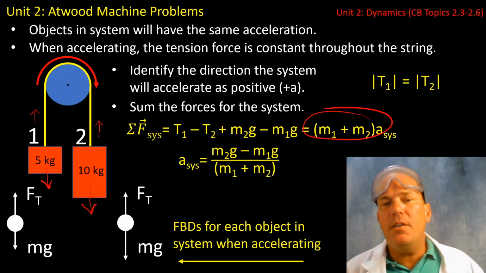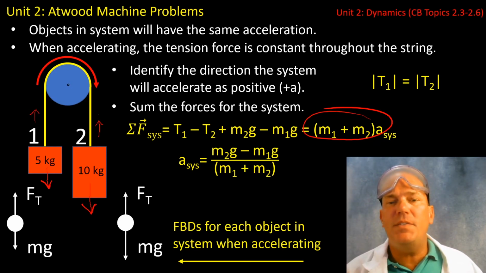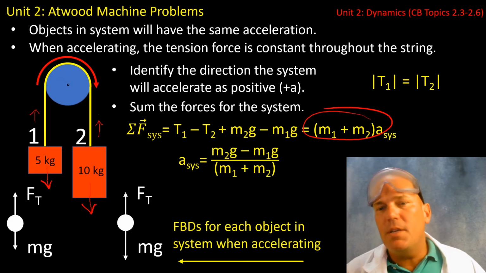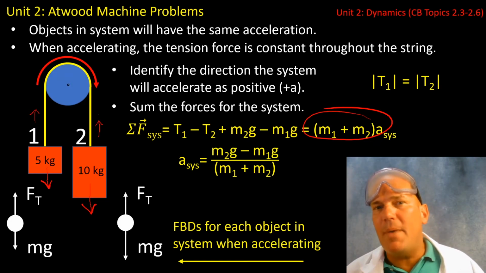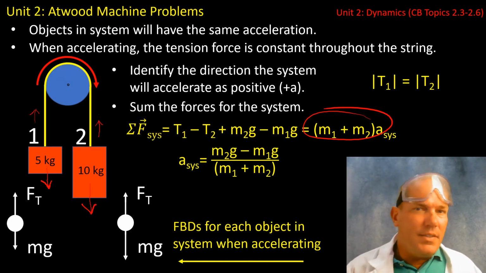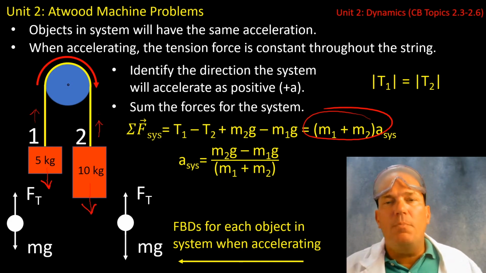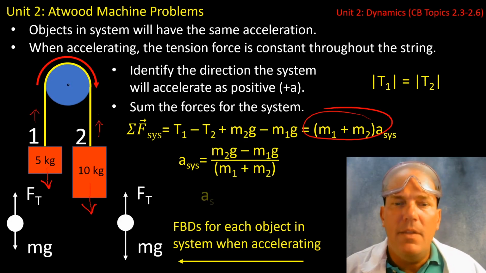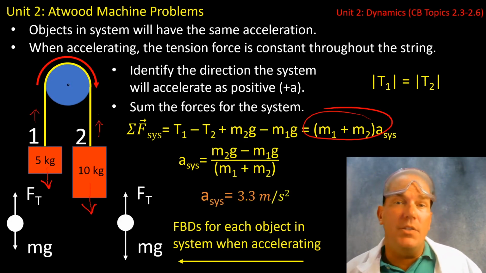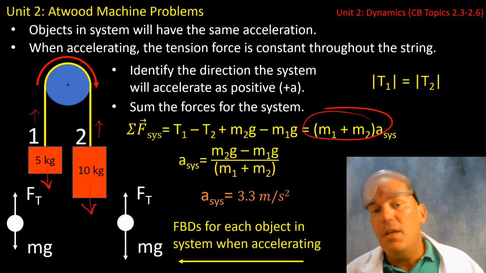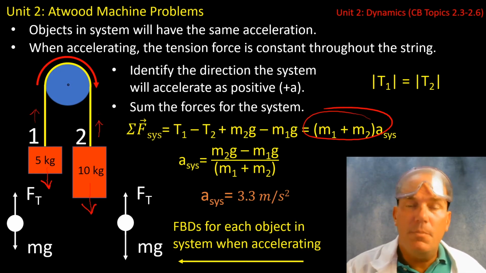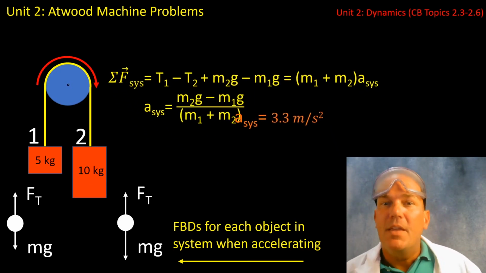So what I've done here is I've simply divided the left side of the equation by the sum of the masses to isolate the acceleration of the system. So I want you now to put in these numbers that you have and solve for the acceleration, and you'll find it to be 3.3 meters per second per second.